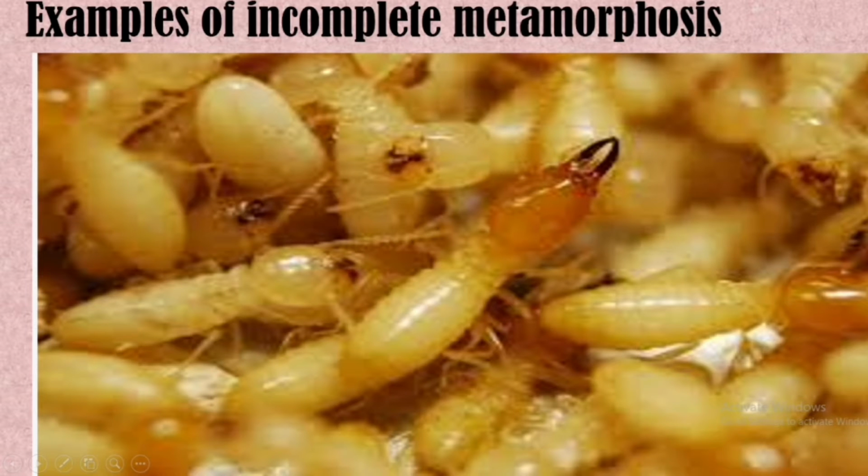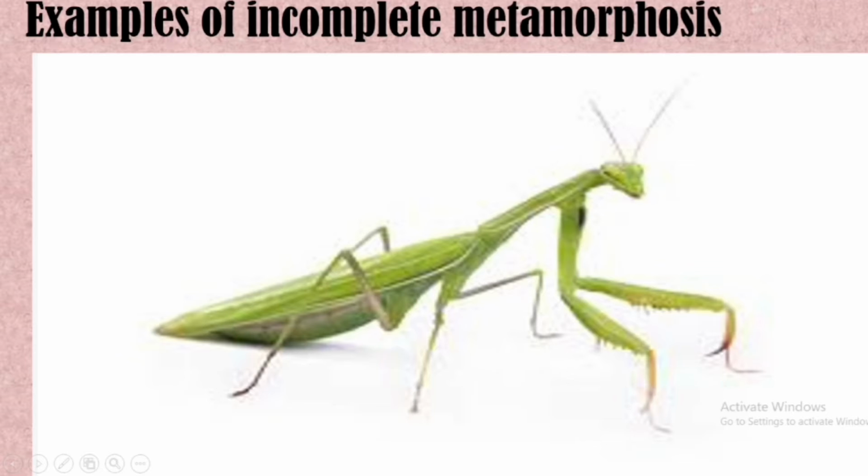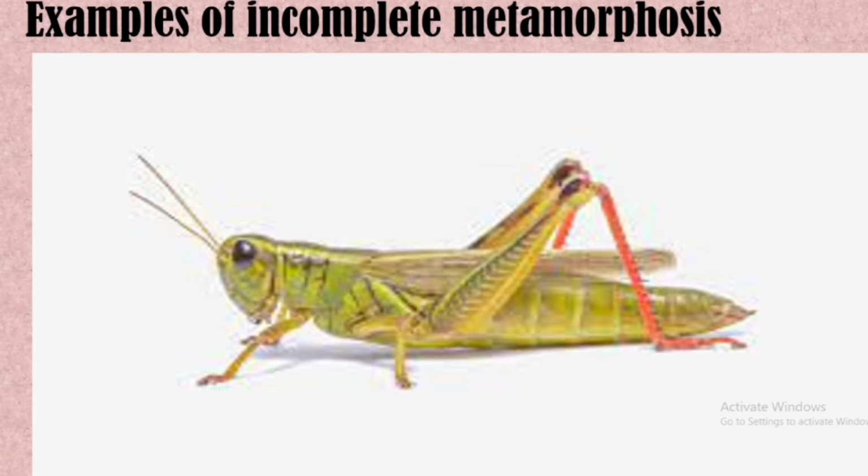Termites. Another example is praying mantis. That's correct. The grasshopper. Now, quickly, I want us to listen to a video that tells us about the life history of the termites, an example of an organism of incomplete metamorphosis.